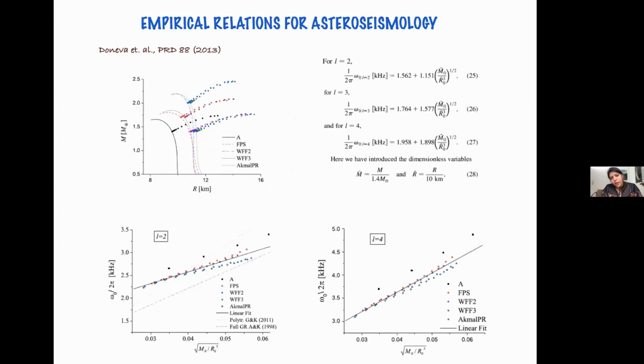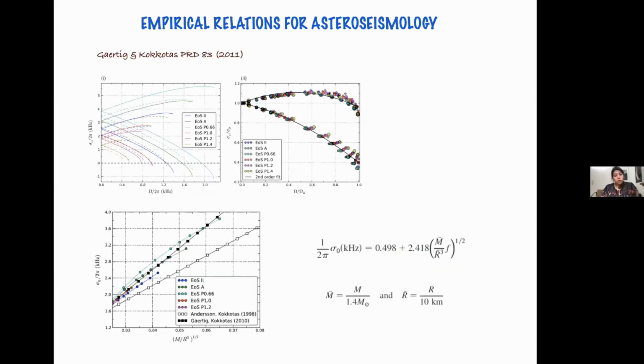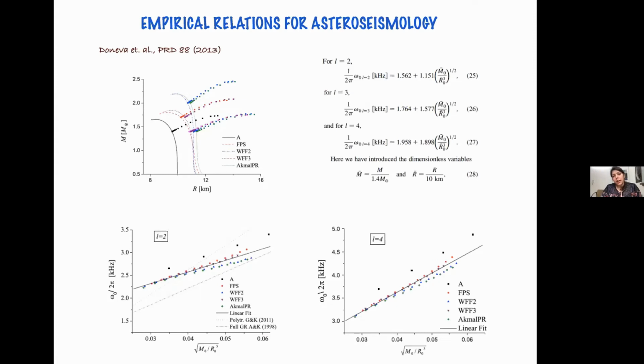So again, this study was done with polytropic equations of state, and later Daniela Doneva included realistic equations of state. So 5 of them, as you can see here, some don't satisfy the 2 solar mass limit. And not only the L equal to 2 modes, where L is the spherical harmonic index, she also studied the higher order modes.